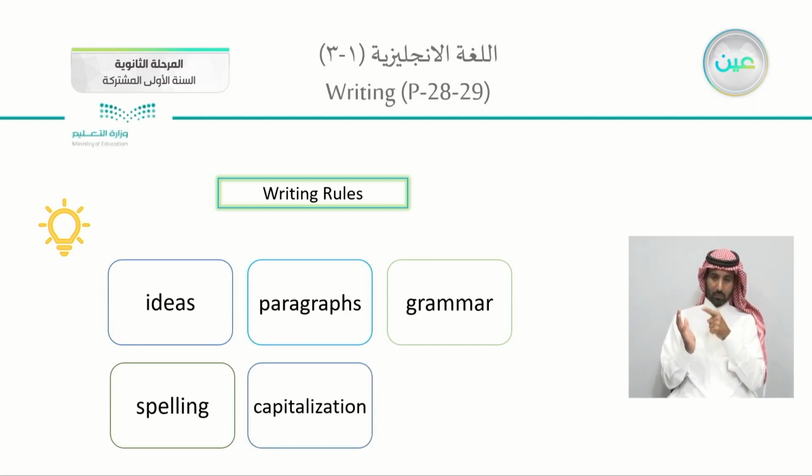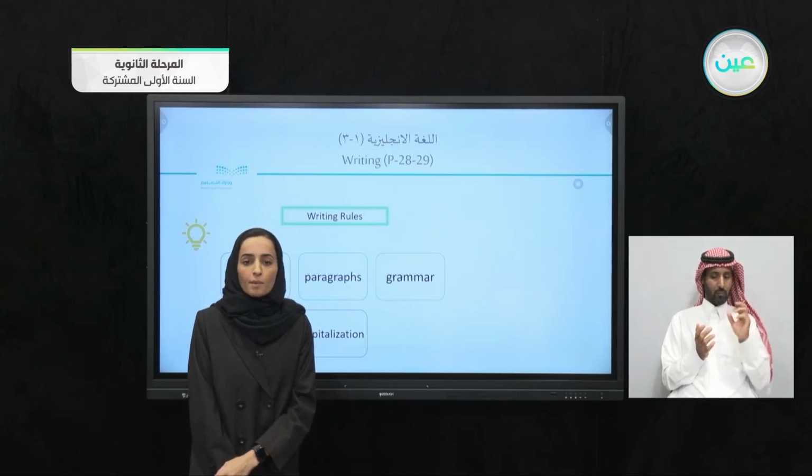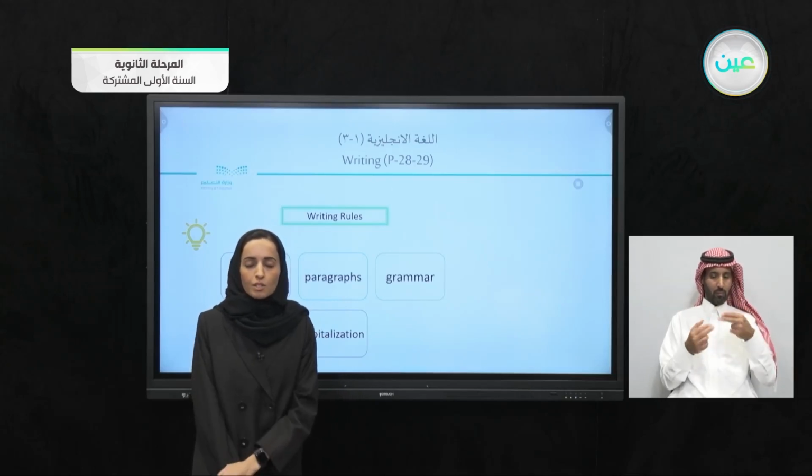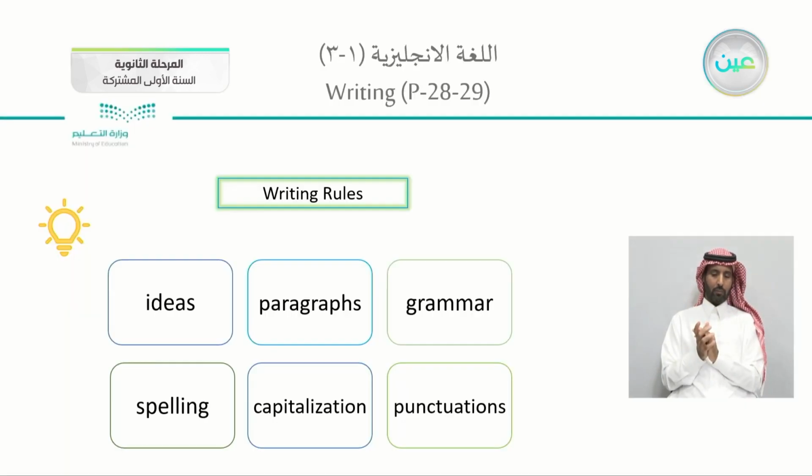And we have capitalization. Capitalize, and you can refer to the MINT rule: capital letters at the start of a sentence, and the others. And we have punctuation. We want to use a comma, full stop, question marks, and the others.